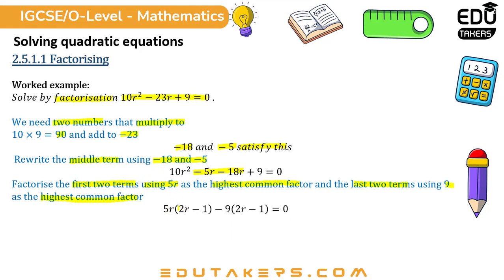So it will be 5r into 2r minus 1 minus 9 into 2r minus 1 equals 0. 2r minus 1 is a common bracket. Take it out. 2r minus 1 into 5r minus 9 equals 0.